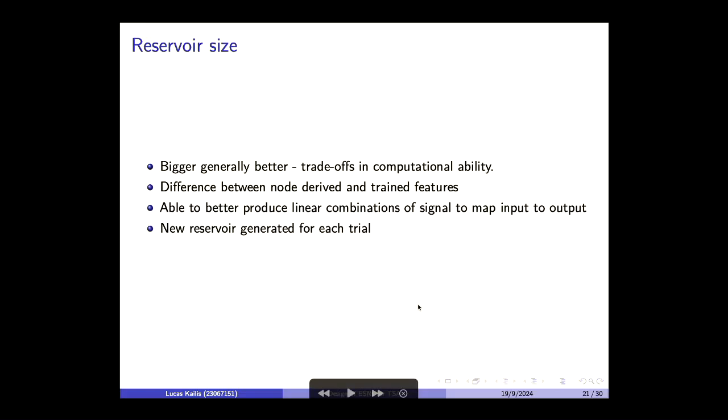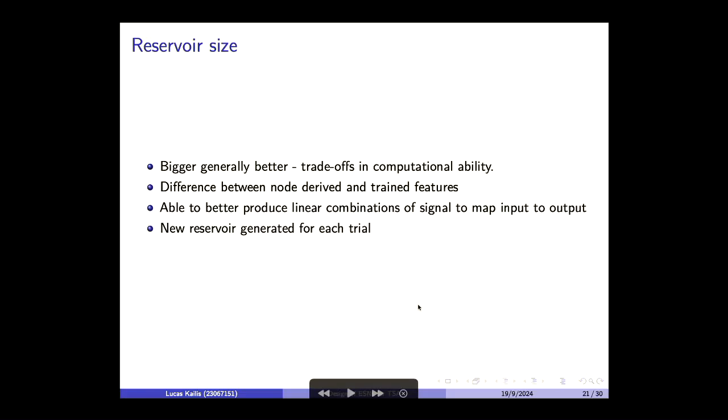Whereas for those node characteristics, it doesn't necessarily matter how many nodes. Even with one node, you would be able to see statistical change in the system. You might not necessarily see dynamical change, but if there's statistical change, that can still be picked up regardless of how many nodes there are.